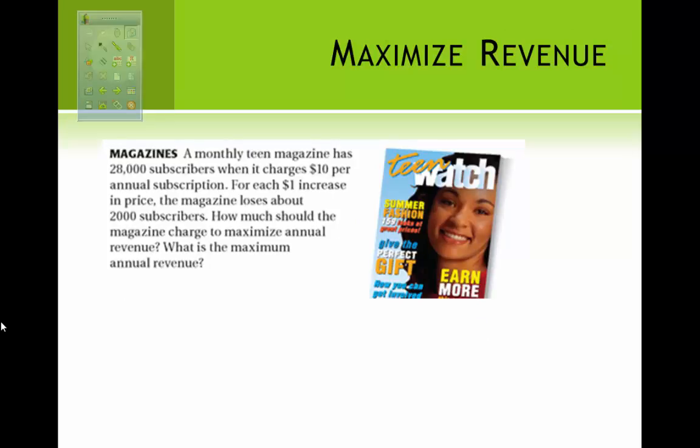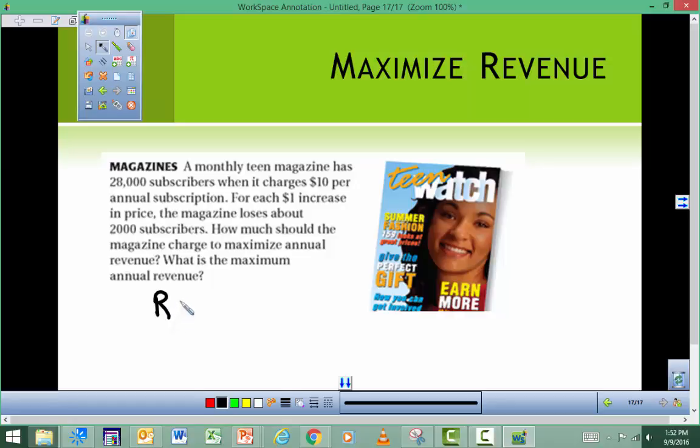Keep in mind that you might have these revenue problems, and we did one of these a few days ago. Remember that revenue is equal to the number of items multiplied by the price.